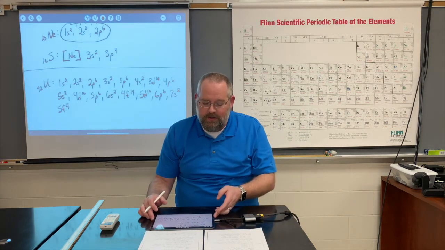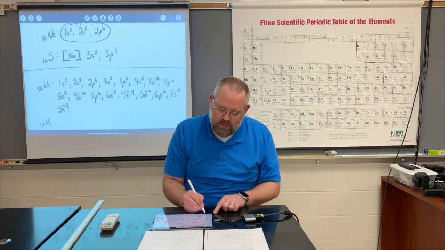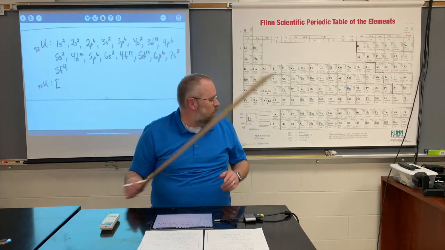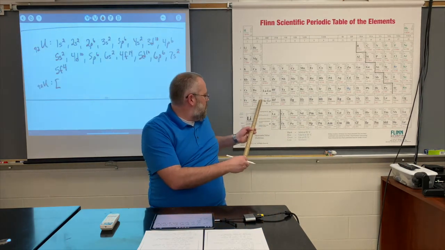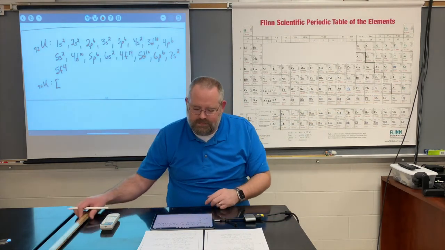Now, let's look at the noble gas configuration. We find out which noble gas precedes uranium. The noble gas that precedes uranium is radon, number 86.